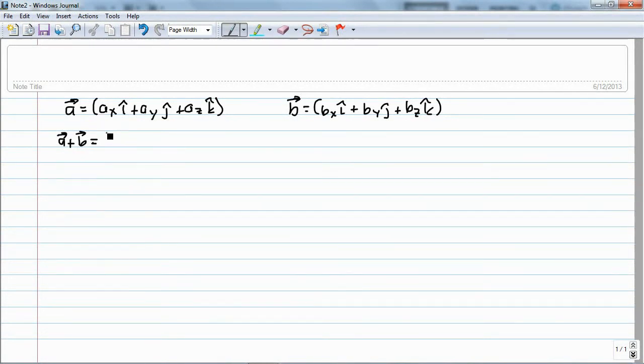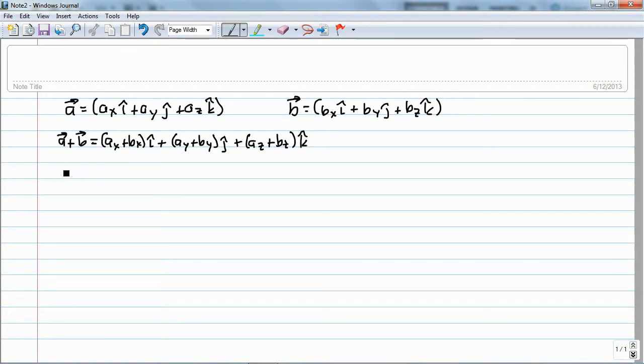So that's going to be ax plus bx i hat plus ay plus by j hat plus az plus bz k hat.